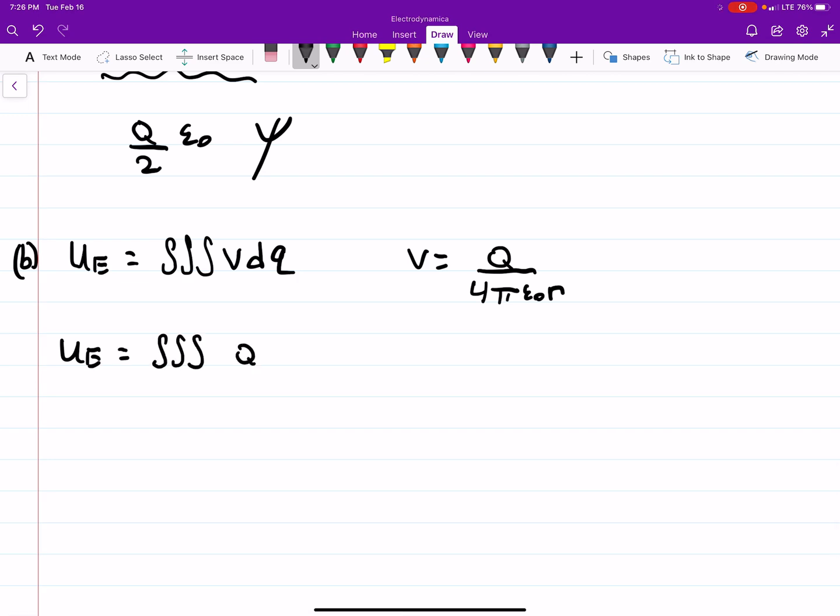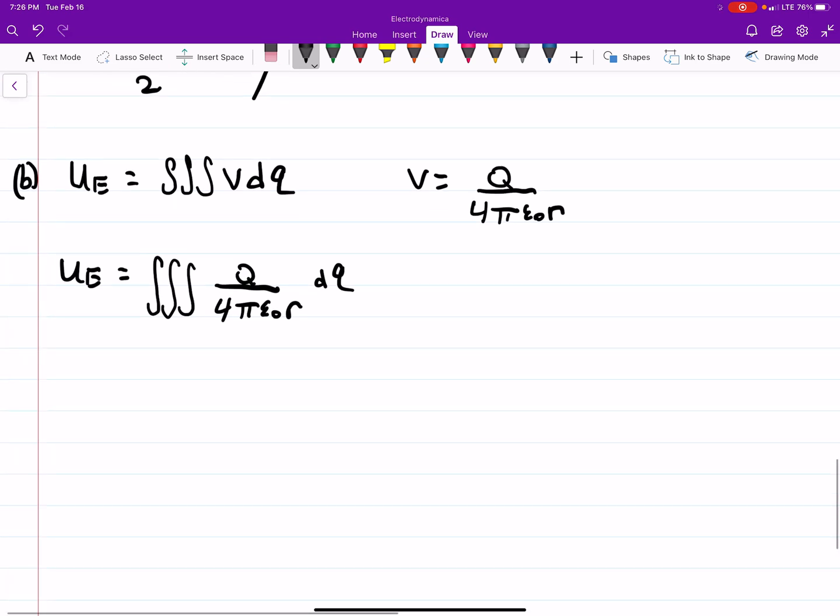And you get Q over 4 pi epsilon naught r dq. I'll make these integrals a little bit bigger here. Okay, so we have that. Now, I think you can see from here that our dU is going to be, well, first off, we need to find what Q is, right?